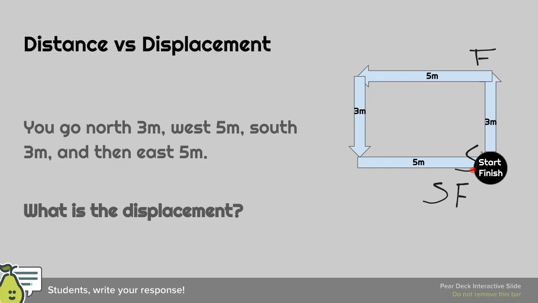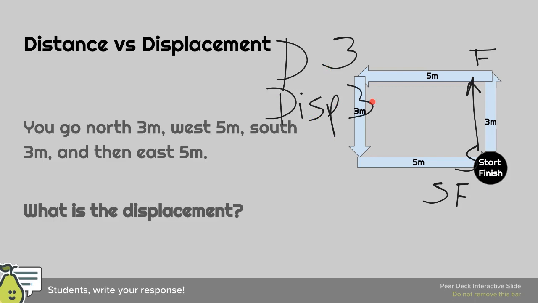If I go 3 meters and that was my finish, it's possible that the distance can be 3 meters, and also my displacement can be 3 meters.